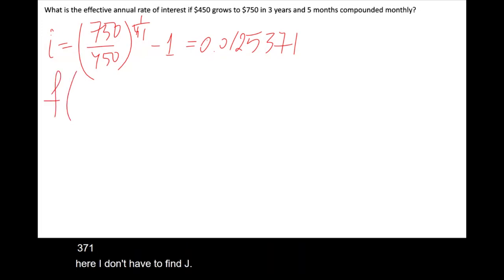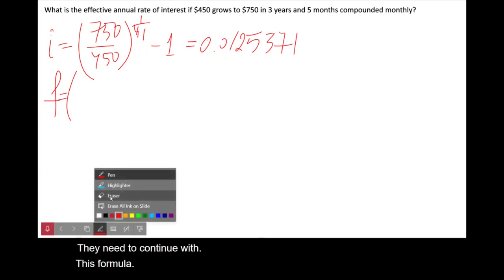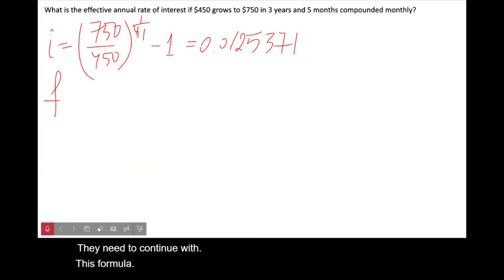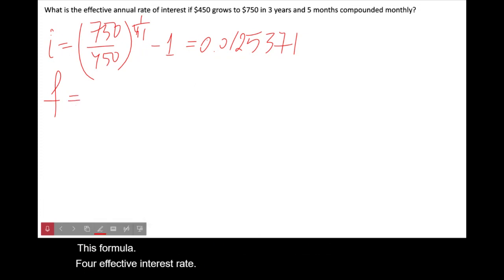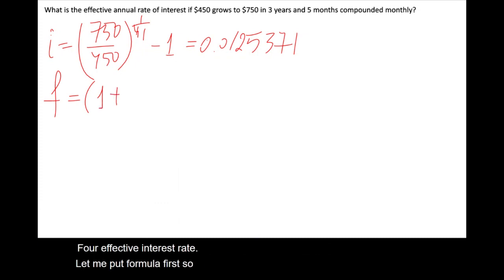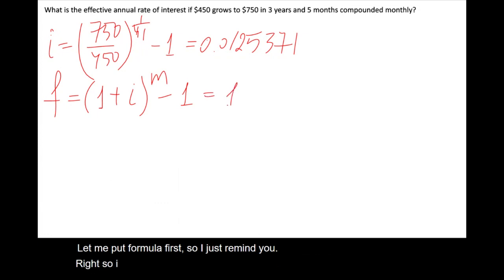I need to continue with this formula for the effective interest rate. And let me put the formula first, so I just remind you. Right, so I need i, and I have it. I just calculated.